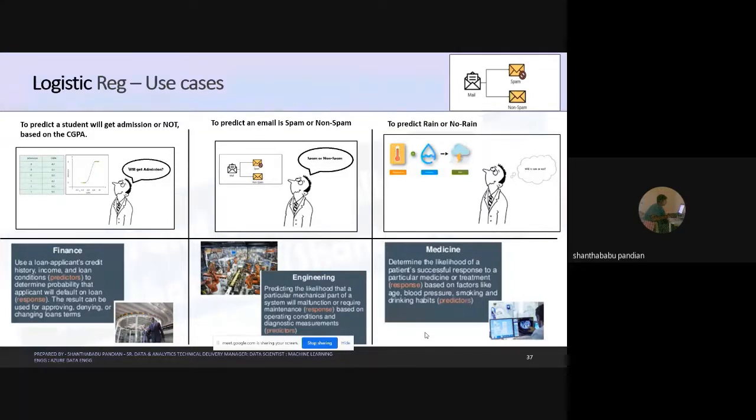For example, I don't know how many of you have tried this. In ICICI or HDFC and others, there is a loan predictor or loan approval kind of thing. You can log in, and if you already have an account in that bank, you provide your details and your credit card details, and you can apply for a loan.